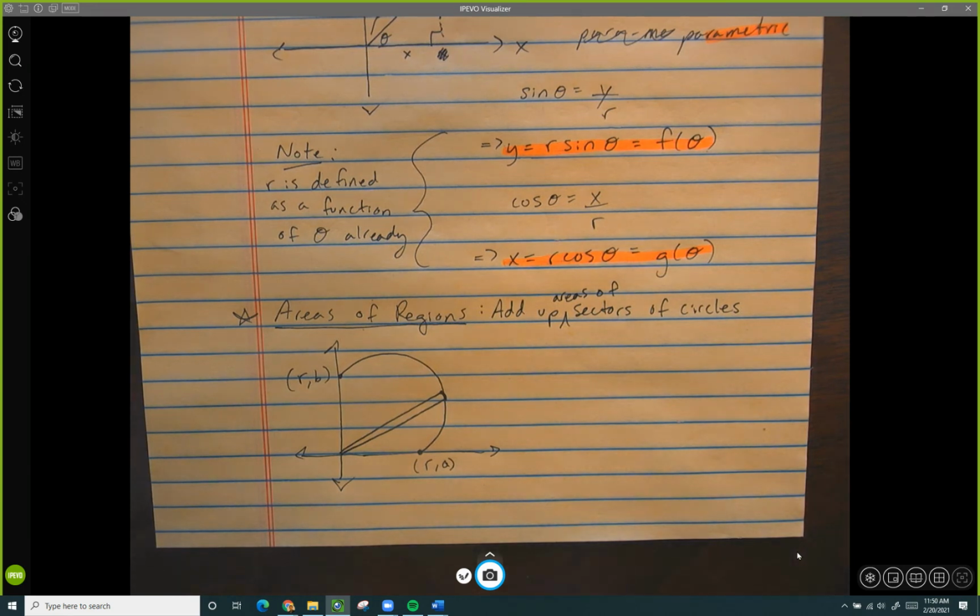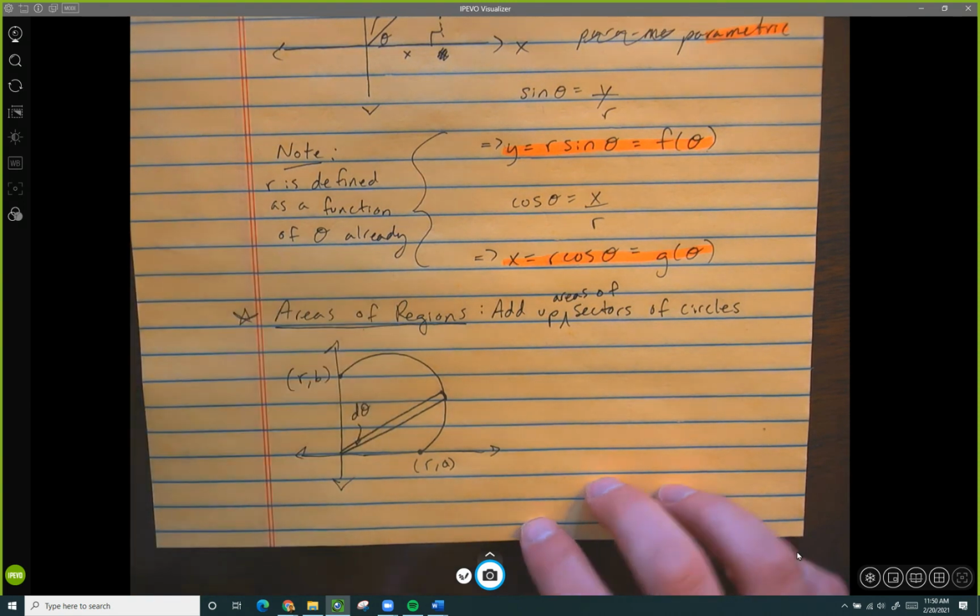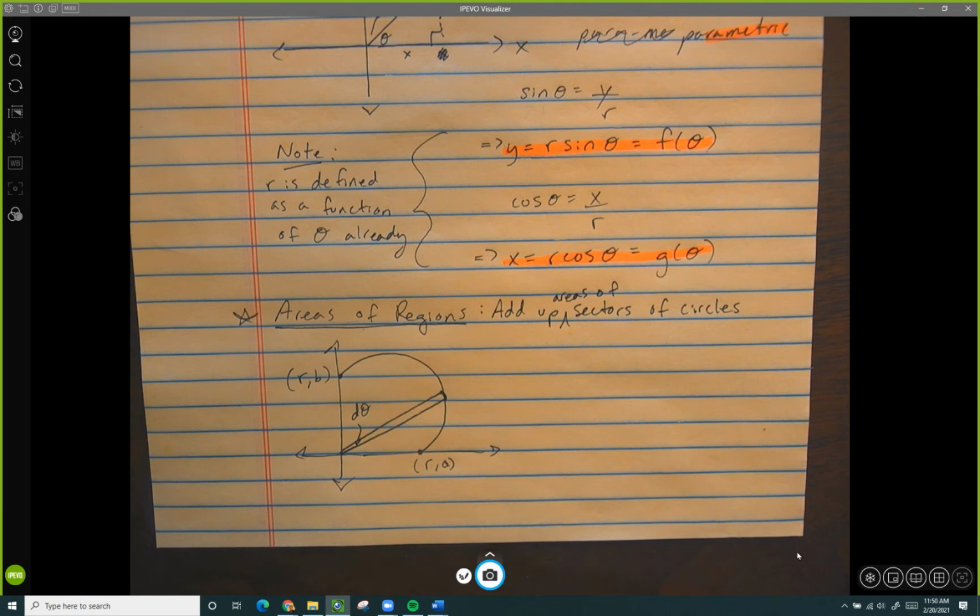when we let the number of sectors go to infinity, and the size of those sectors, the theta value here, this theta value is a little nudge, d theta. It's a tiny little theta. This, of course, is r at any given moment.